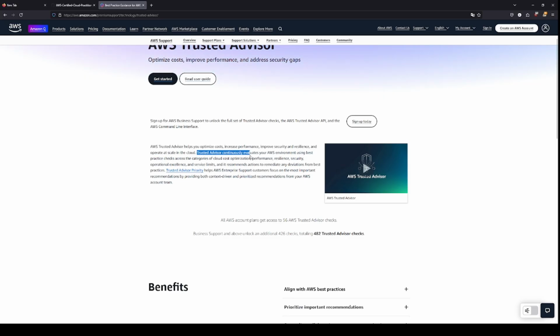Trusted Advisor will continuously evaluate your AWS environment using best practice checks across the categories of cloud cost optimization, performance, resilience, security, operational excellence, and service limits. And it recommends actions to remediate any deviations from best practices.